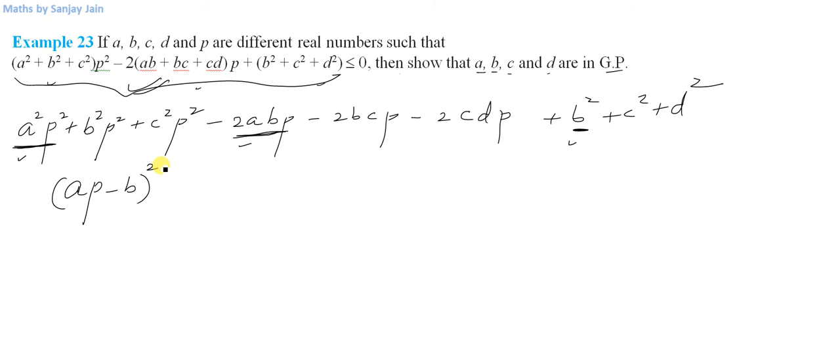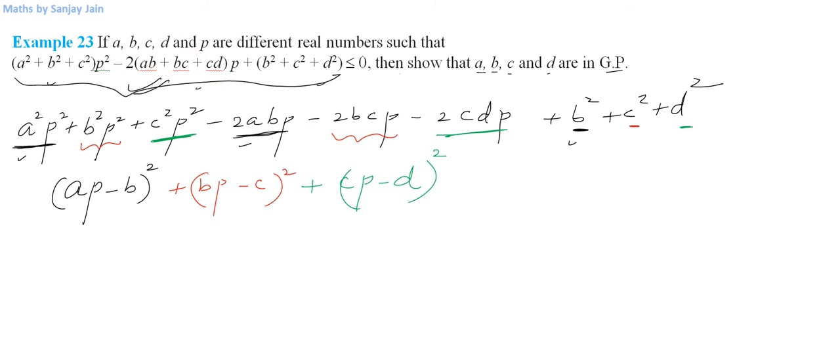Similarly, I can write the other terms. I can club b squared p squared, minus 2bcp and c squared, and these will become (bp minus c) whole squared. The rest of the terms, c squared p squared, minus 2cdp plus d squared, will become (cp minus d) whole squared.